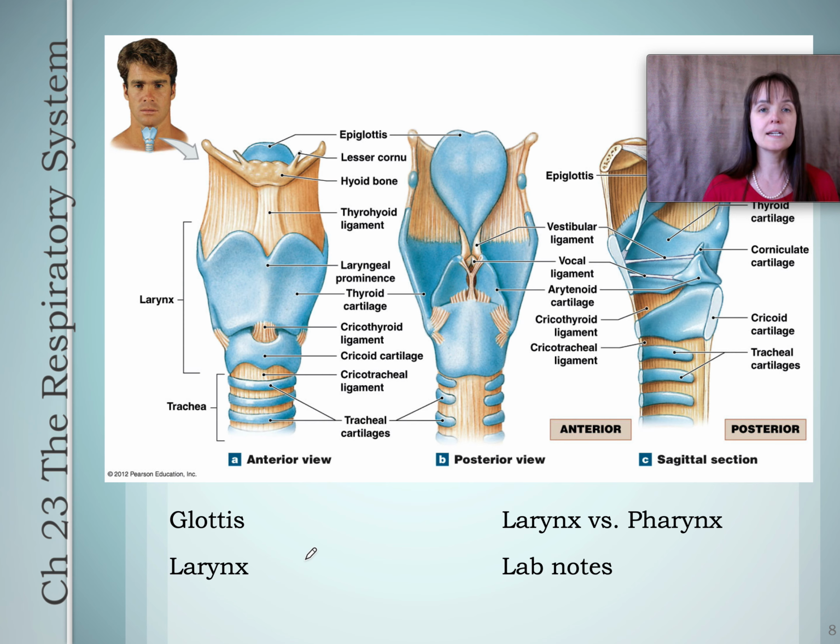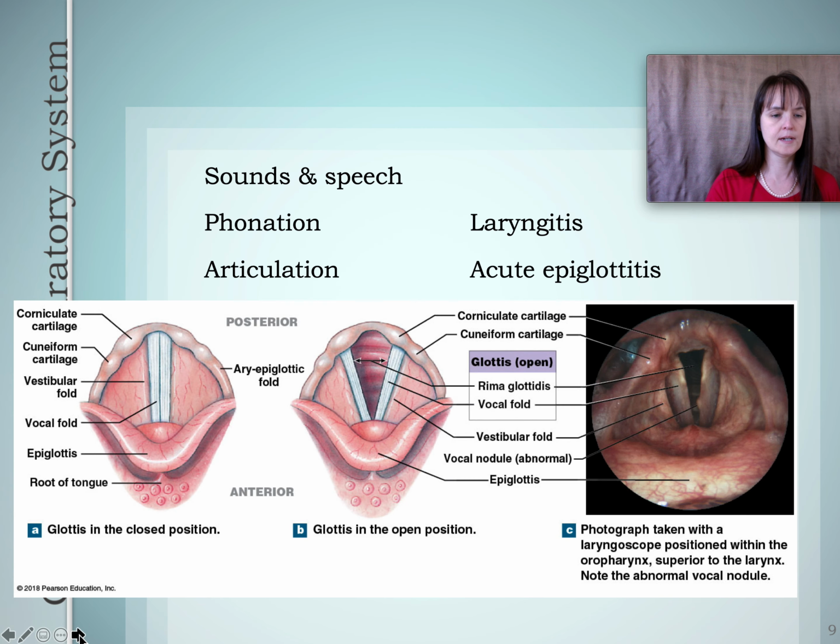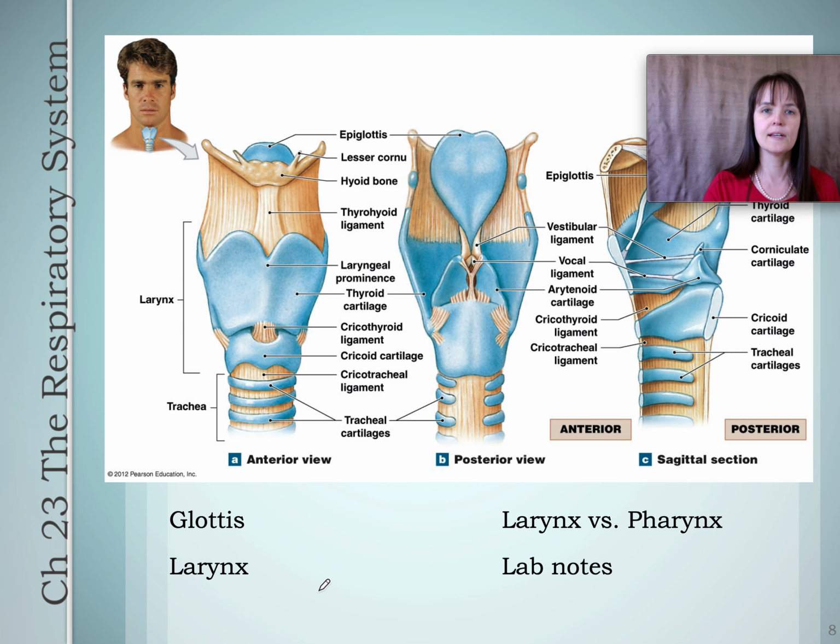So the glottis is the opening in the larynx. It's this kind of space here. There's not really a great picture of it. The better picture is kind of here. It's one of those weird things where the lecture and lab books are kind of in between the new definitions. The previous version is that the glottis was just the opening, and the new version is more that the glottis includes all of this.